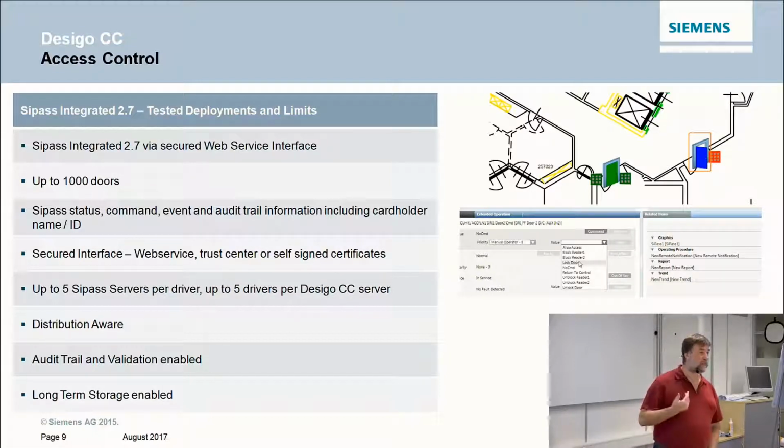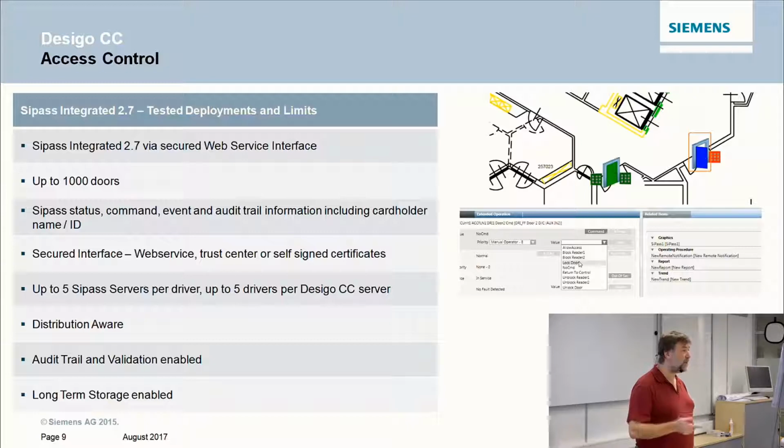For example, what we release in the next release of Desigo CC is the possibility to trigger actions with the cardholder information, with the name of a cardholder, with an ID of a cardholder, but also with a group of cardholders. Everybody with the name Raphael or Edgar triggers a certain action. Things like this can be done.